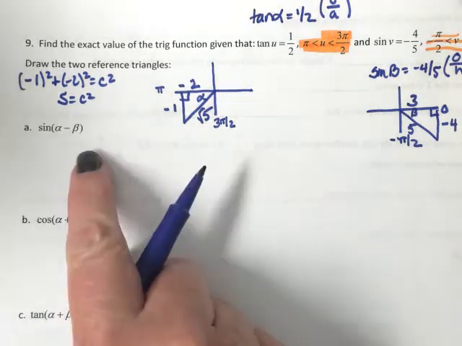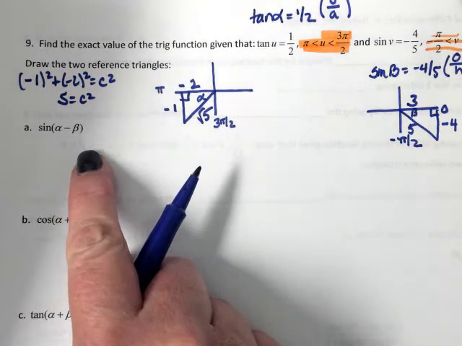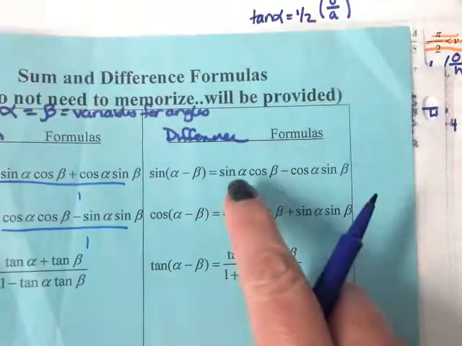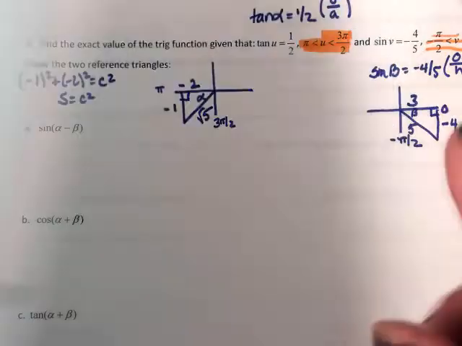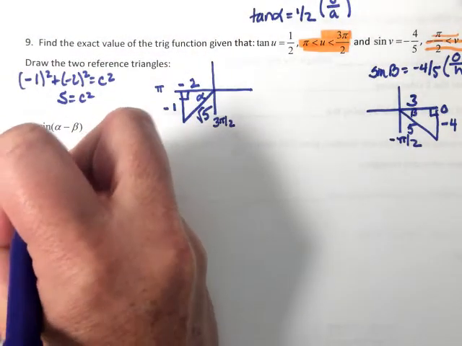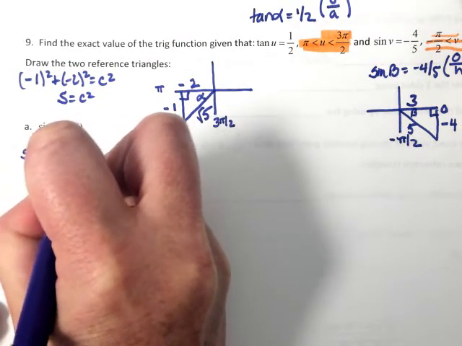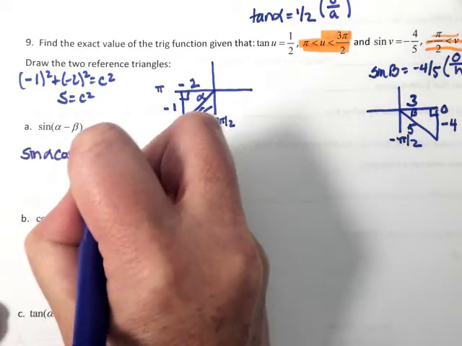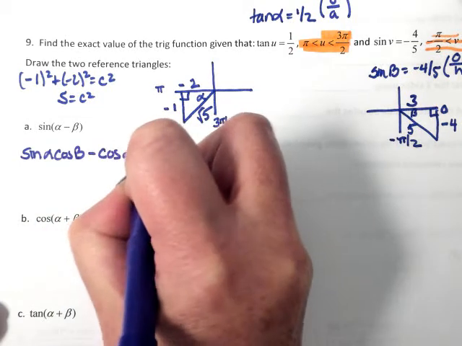So now I'm ready to go ahead and find my sine difference. Again, here's my sine difference formula. Sine alpha cosine beta minus cosine alpha sine beta.